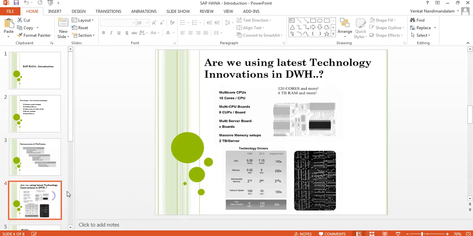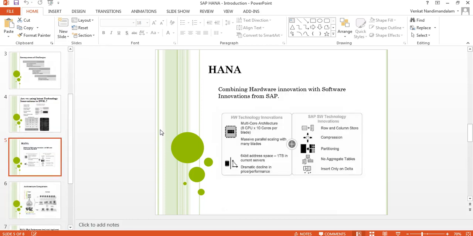Because if we look at this picture, recently we have got different processors from leading innovators like Intel, and the memory price has become cheaper, where you can get TBs of RAM for very little price, and you have got huge multi-core parallel processing available in your CPUs. So are we really using those technologies in our current databases? Definitely the answer is no.